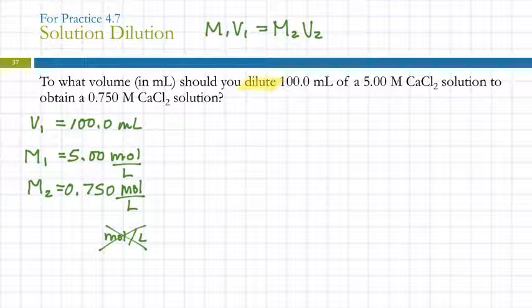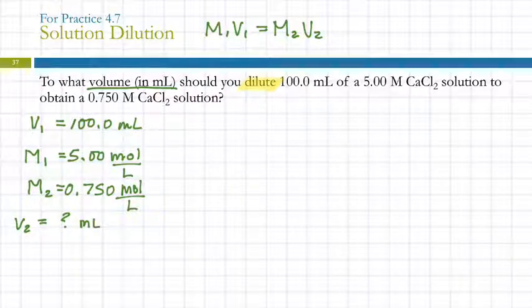And what am I trying to find? I'm trying to find the volume of that other solution. So I'm looking for V2. It specifically asks for milliliters. Well, we've got our equation, M1 V1 equals M2 V2.